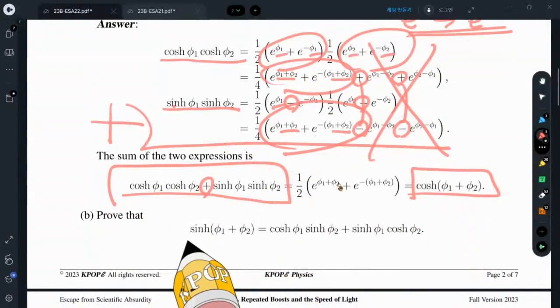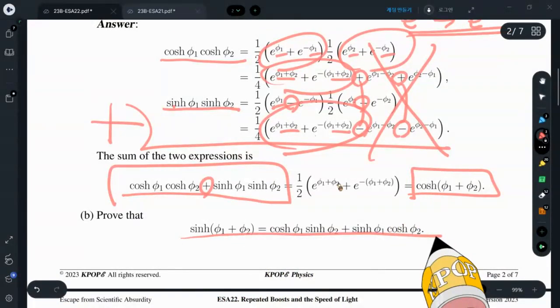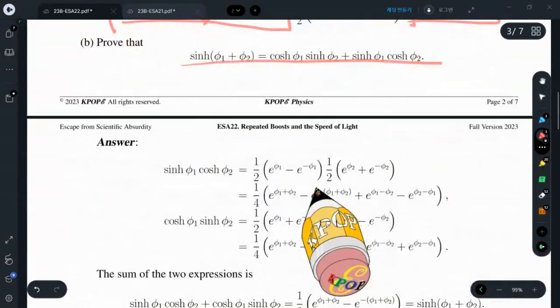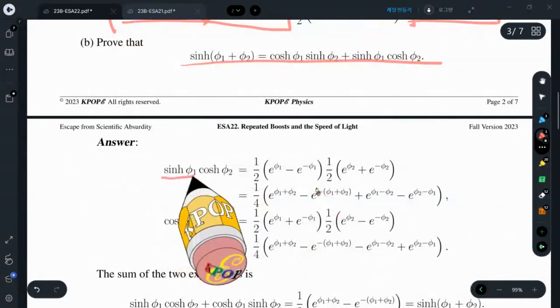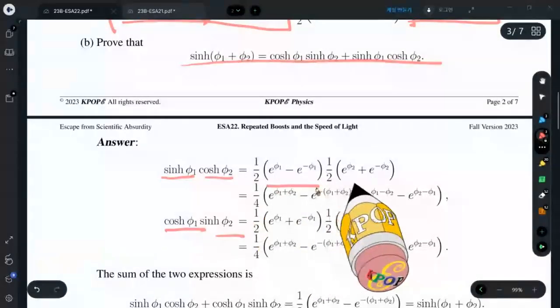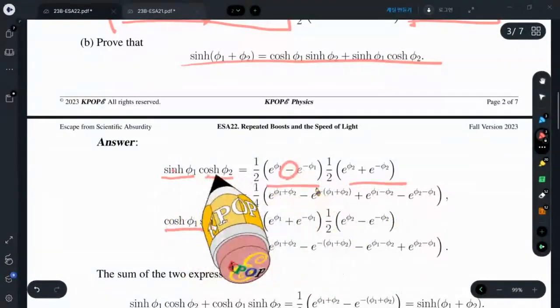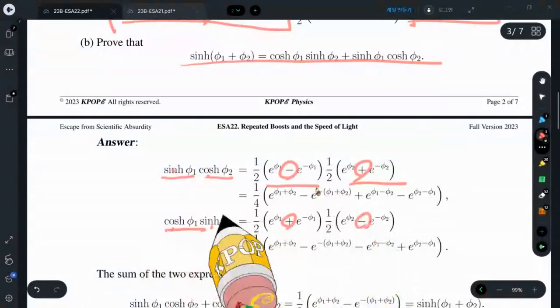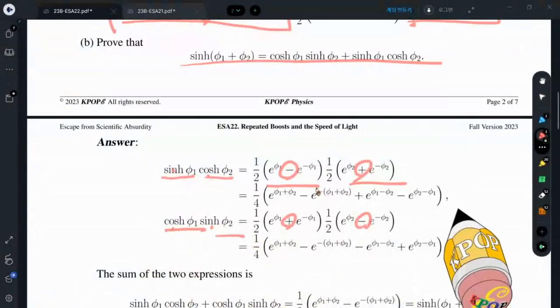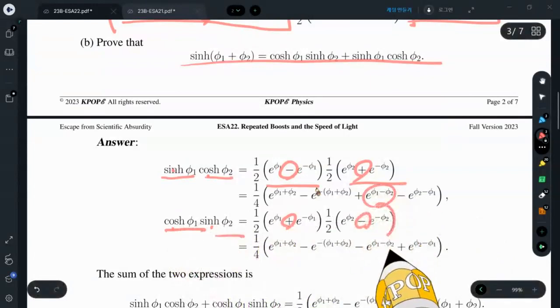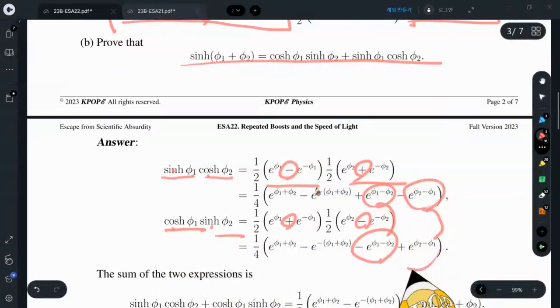In a similar manner, I can check what's happening in the sine hyperbolic case. Sine cosine, cosine sine. Expand. Aha! What do we find? These two cancel, these two cancel.